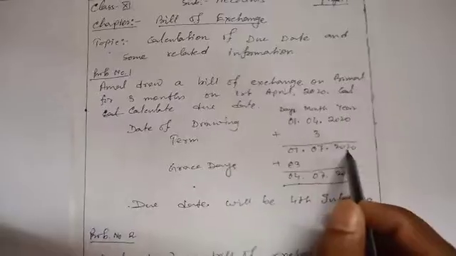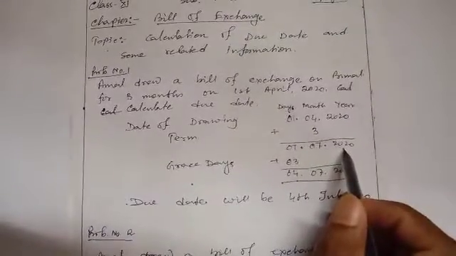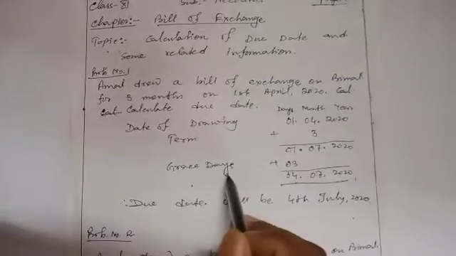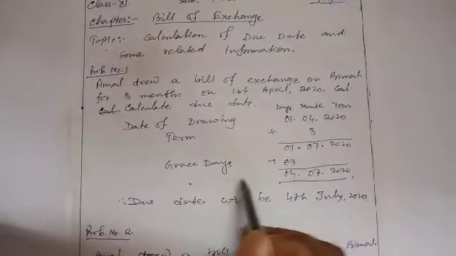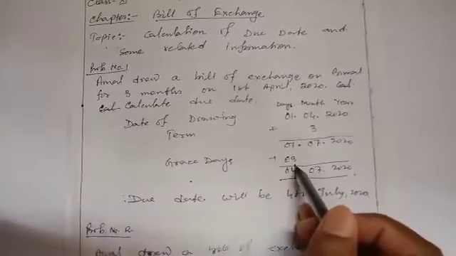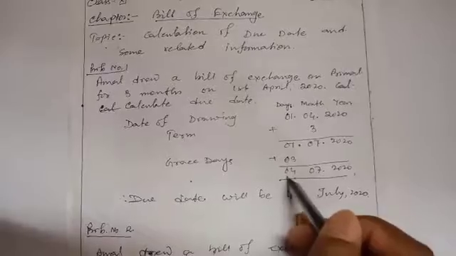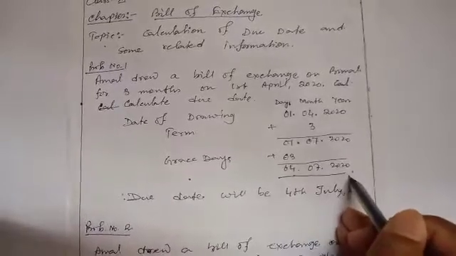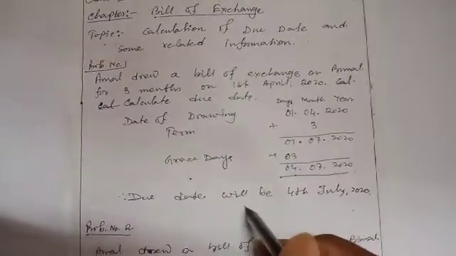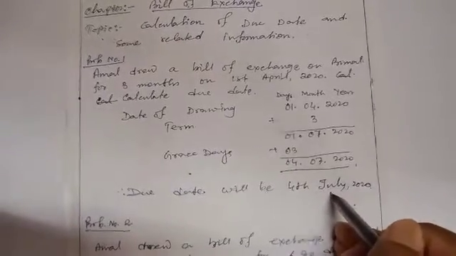Then it is 1st July 2020, that means 01/07/2020. According to the Negotiable Instruments Act, you get another 3 days extra, so below the days you write 3. Then 1 plus 3 is 4, so 4th July 2020 will be the due date.